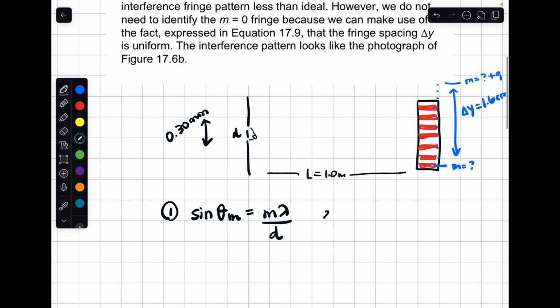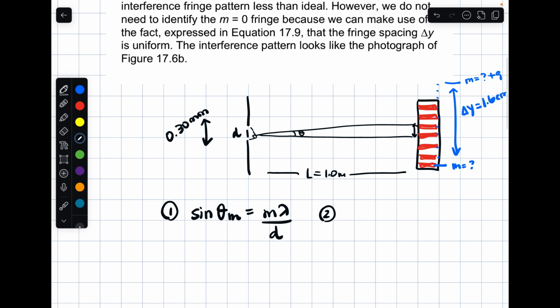And then equation 2 was using the small angle approximation to relate the height of one fringe to the wavelength. What we saw was y equals m lambda L over d.